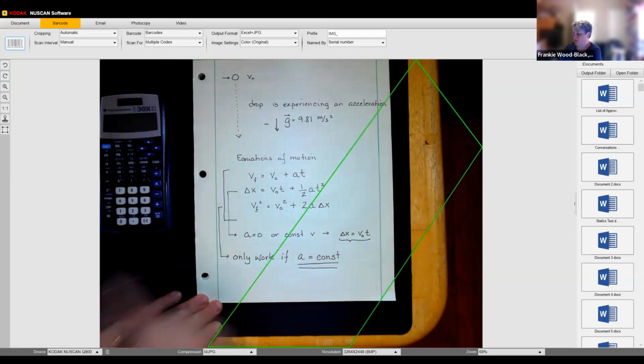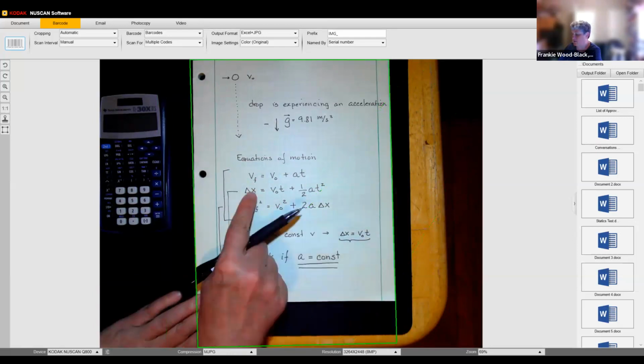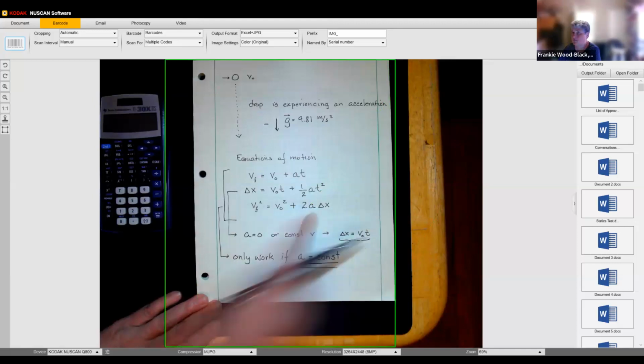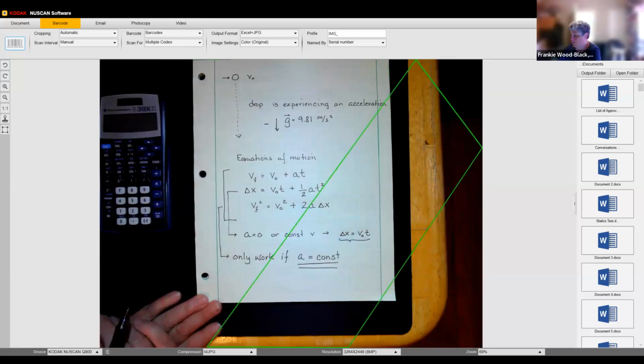Now, we've written this with X, but it could be Y, it could be Z, okay? And we can look at it as a variety of different pieces. It could be X, it could be Y, it could be Z.